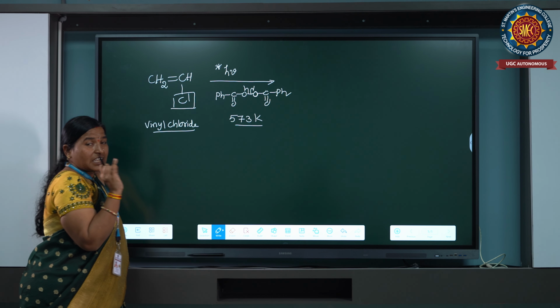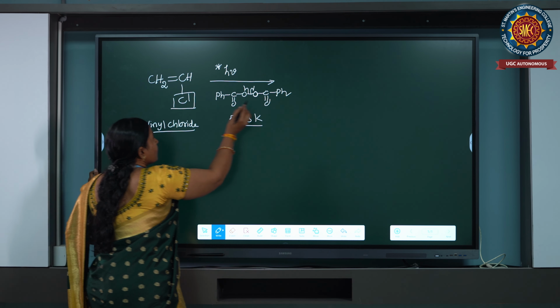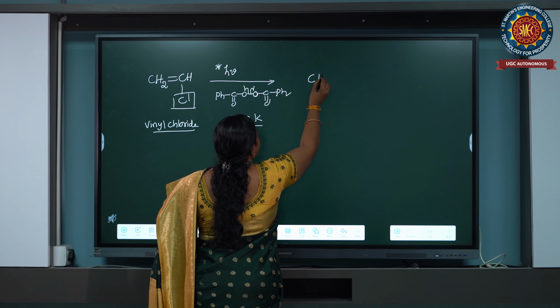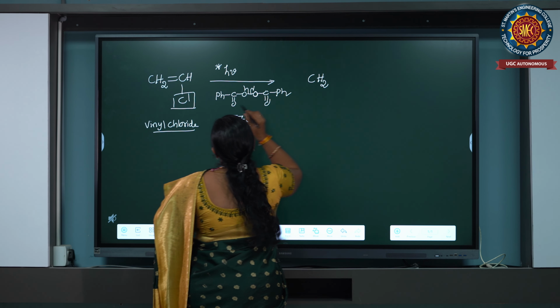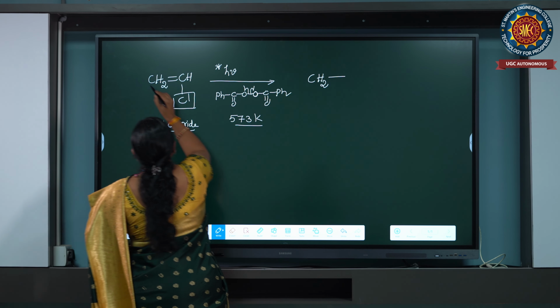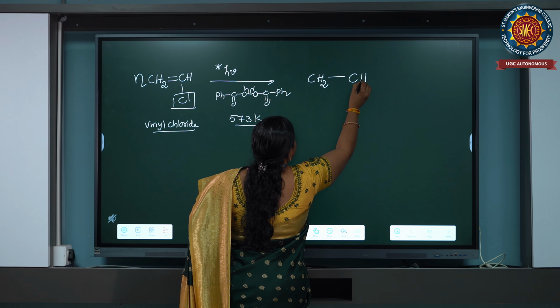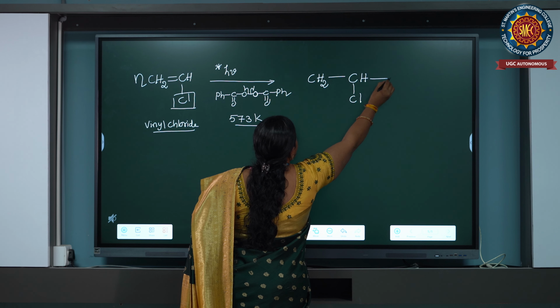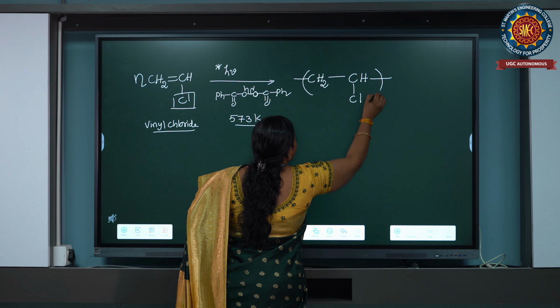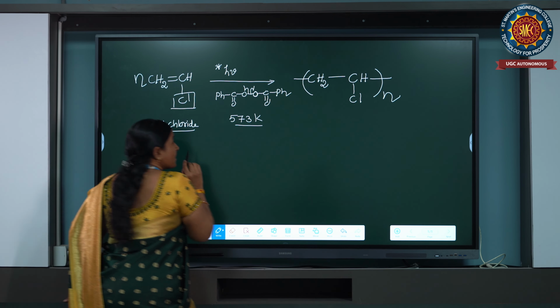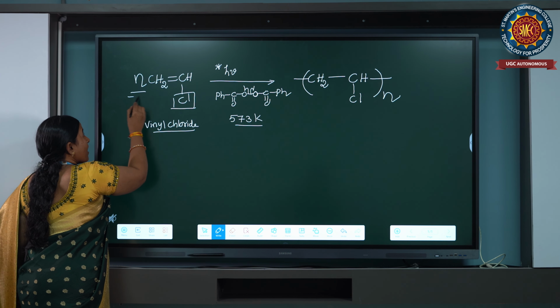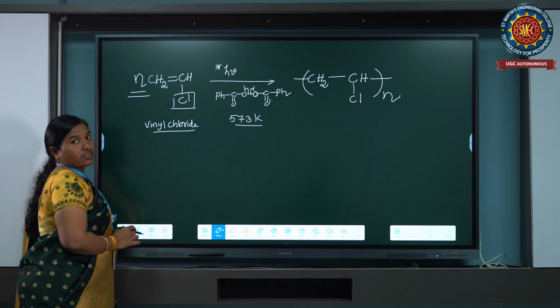And it forms an initiation. Then you get a polymer. Here we take n number of molecules of CH2=CHCl. This is n, the number of monomers we took.